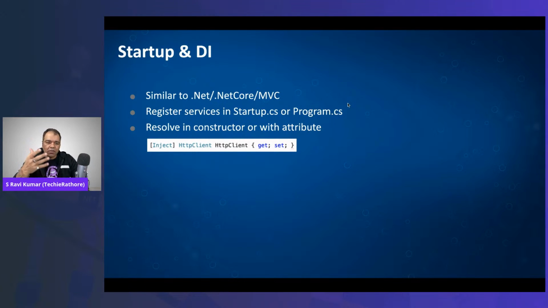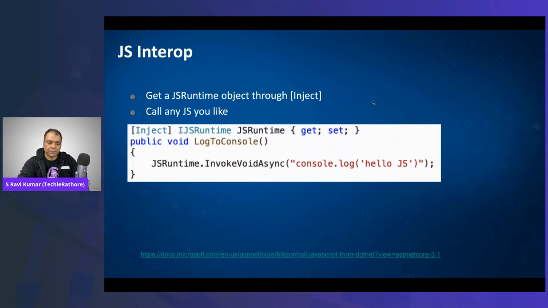It supports Startup as well as dependency injection, and it also supports HttpClient to call web services. We can use Startup.cs to register our services. If we are using WebAssembly, then we will use Program.cs to register our services.